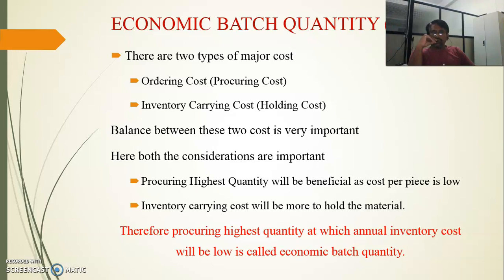That means it will provide a benefit to the company. This approach is very important in mass production industries, because in mass production industries the procuring of raw material is always happening. The continuous procuring or ordering process is going on.